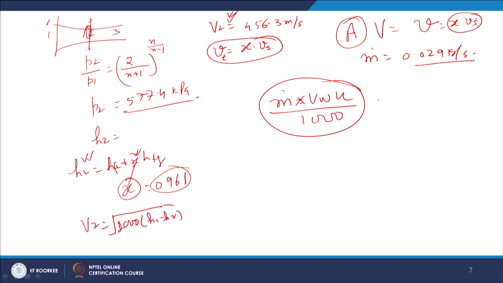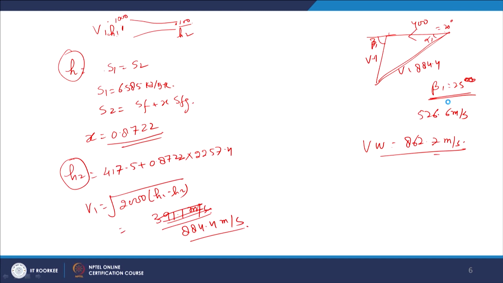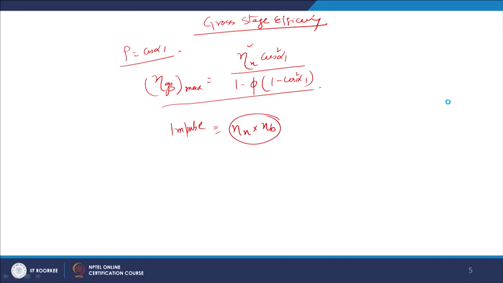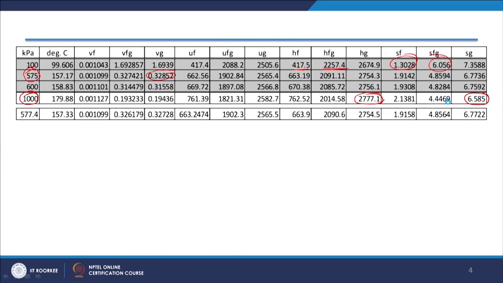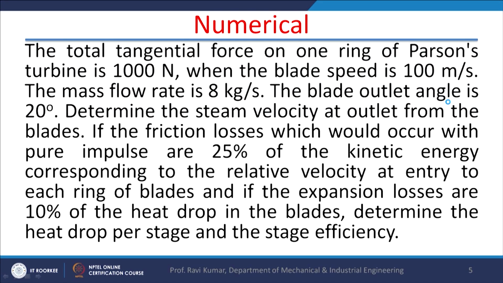This output of the turbine in this case is 40 kilowatts. So, this is one numerical I have solved for the impulse turbine. Now, another numerical I will solve for the impulse reaction turbine.